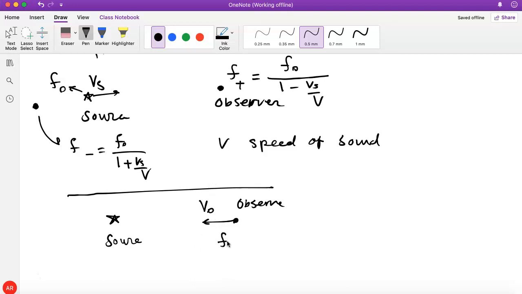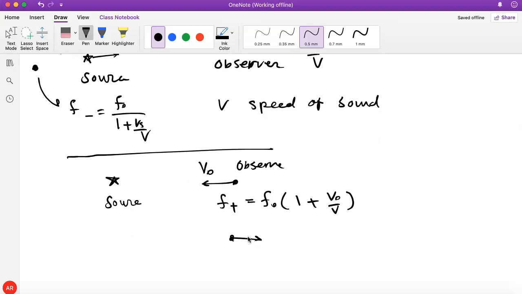So f plus is given by f naught times 1 plus V observer over V. And of course, if the observer is moving away, she perceives a lower frequency given by f naught times 1 minus V observer over V.